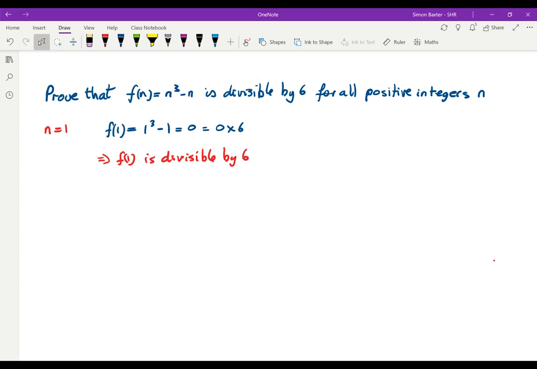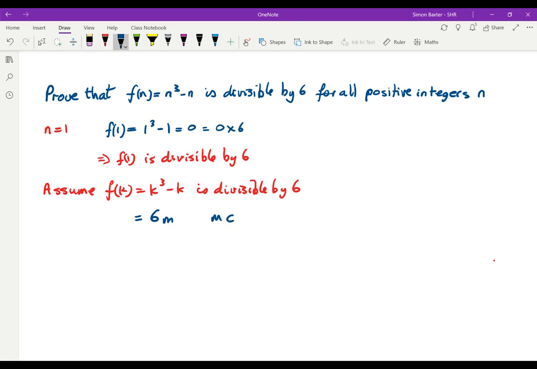Now we make the assumption. We assume that there is some number k, that fk, which is k cubed minus k, is divisible by 6. Well, if fk is divisible by 6, we can write it as 6m, where m is an integer.